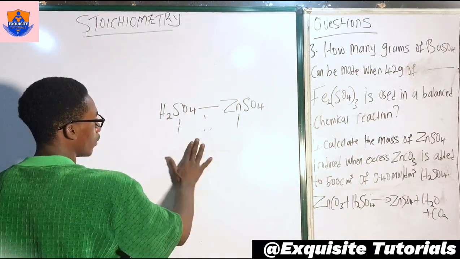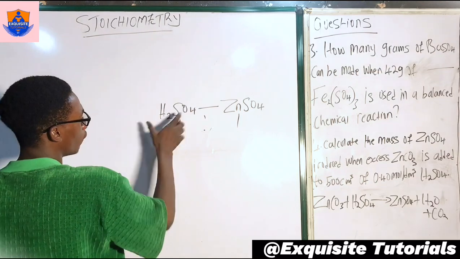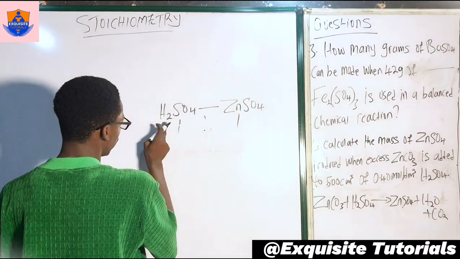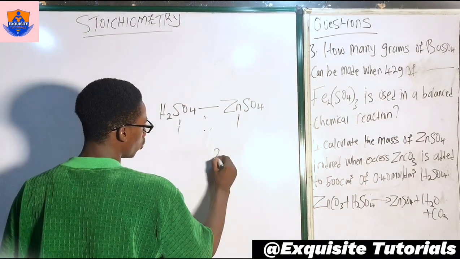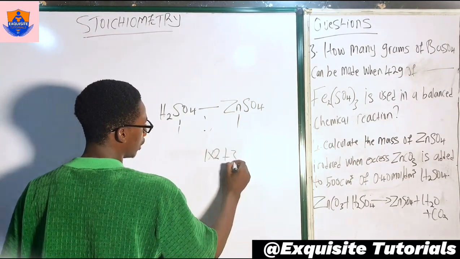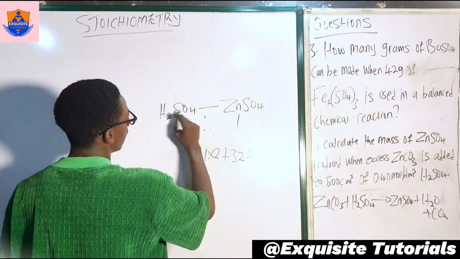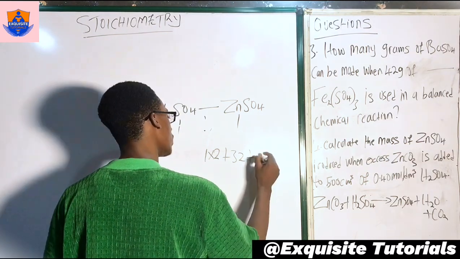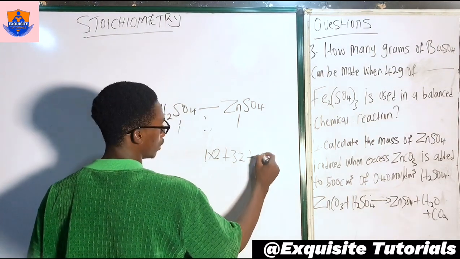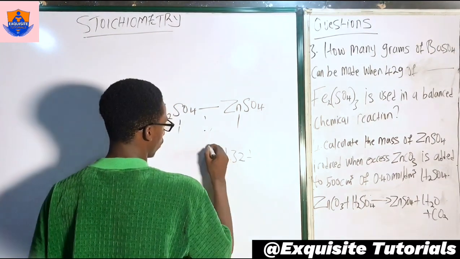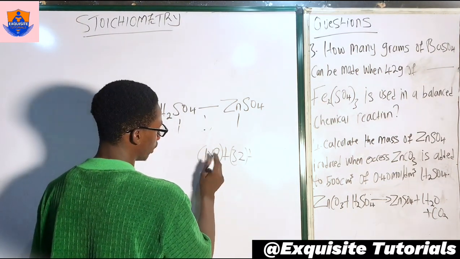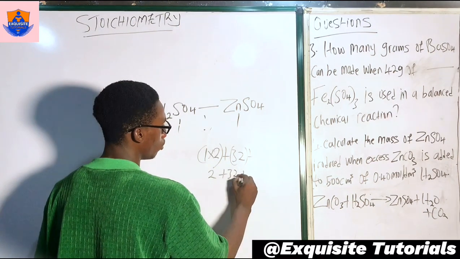Okay, so now let's find the relative molecular mass of H2SO4. For H2SO4, we have hydrogen to be 1 times 2 is 2, plus sulfur is 32, plus oxygen is 16 times 4, which is 64. So we add 2 plus 32 plus 64.